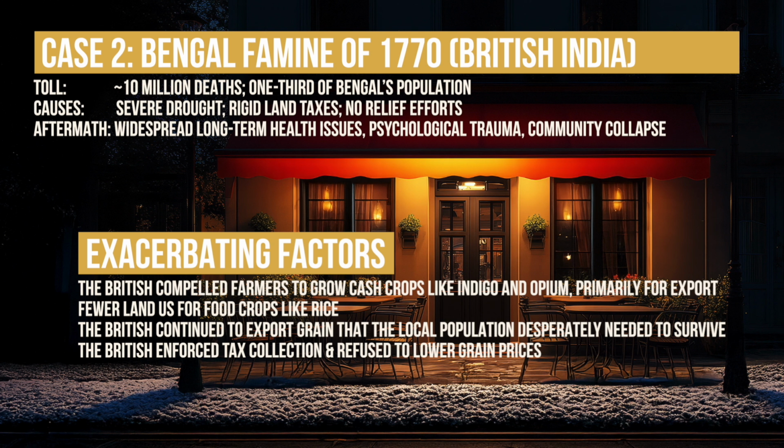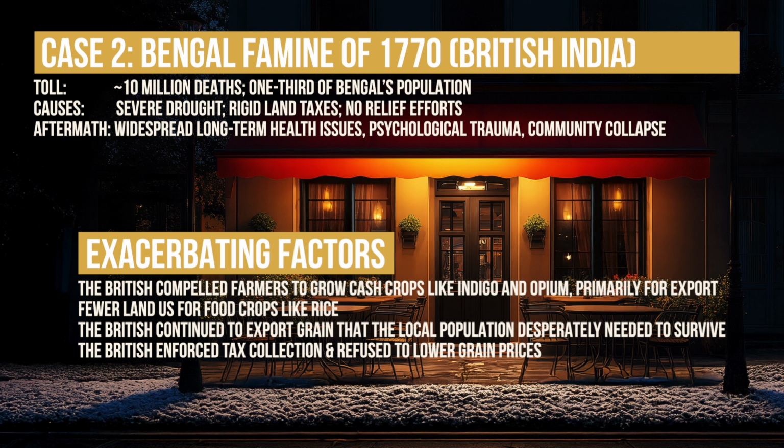During the famine, there was almost no assistance for the affected people. The British strictly enforced tax collection and refused to lower grain prices. This combination of drought, harsh taxes, forced cash crop farming, grain exports, and lack of relief altogether transformed a drought into a catastrophic human tragedy.